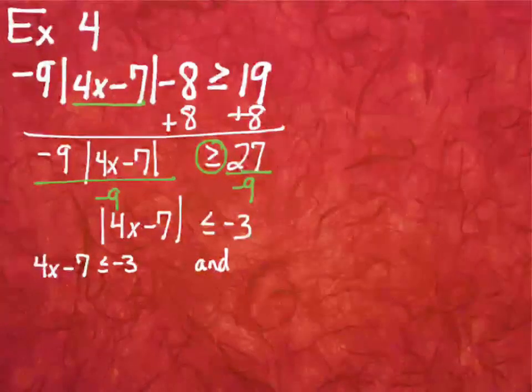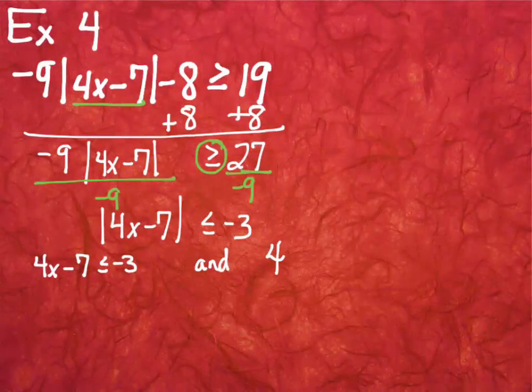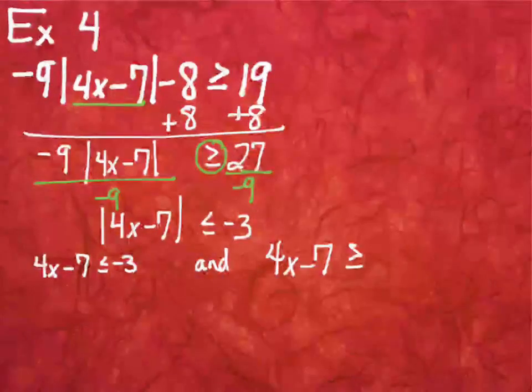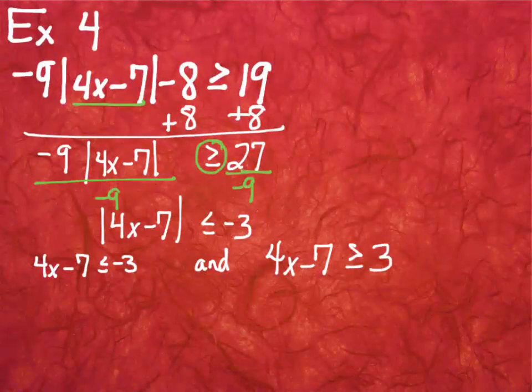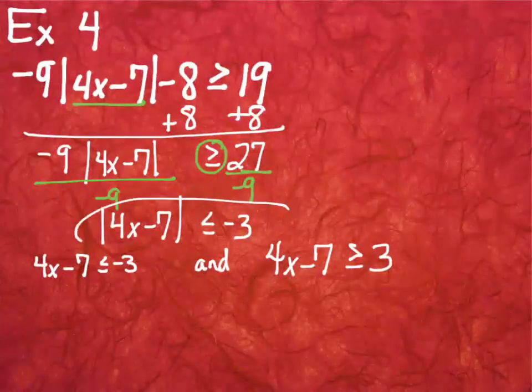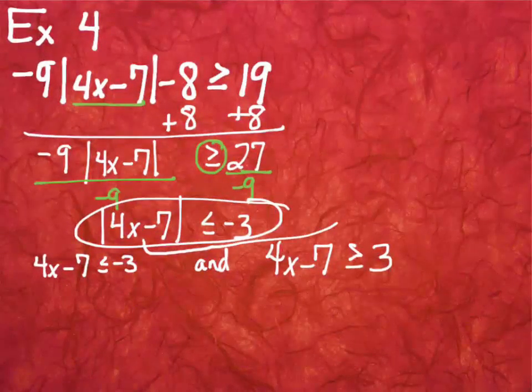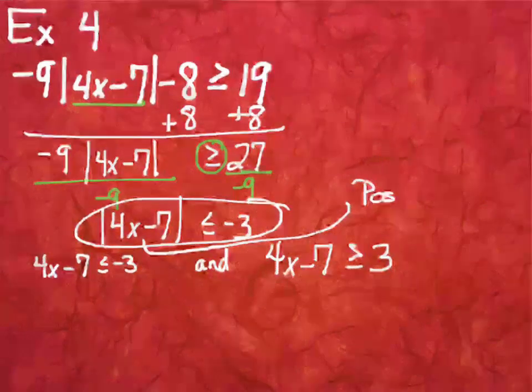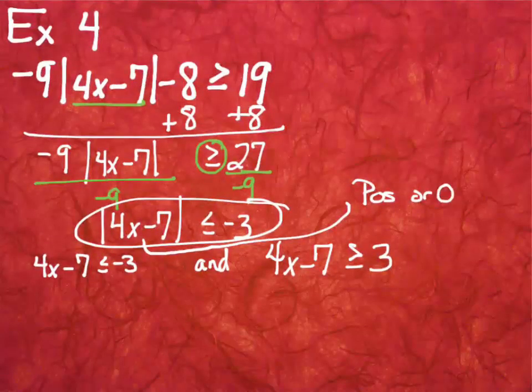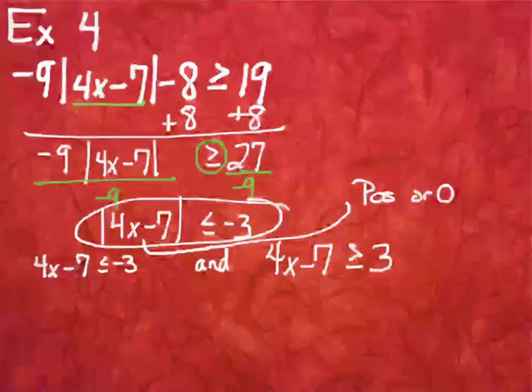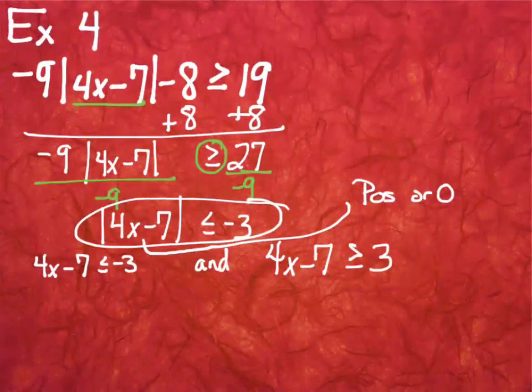And 4x minus 7 is greater than or equal to positive 3. Let's talk about this at this step. Anything that comes out of an absolute value is always positive or 0. So is any positive number going to be less than or equal to negative 3? And the answer is no.